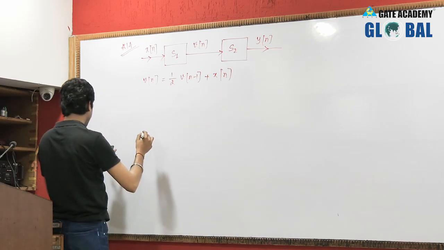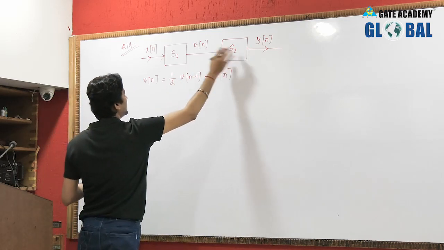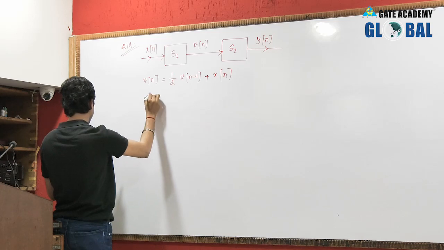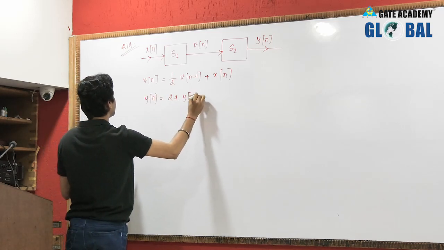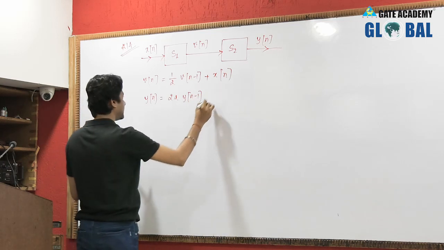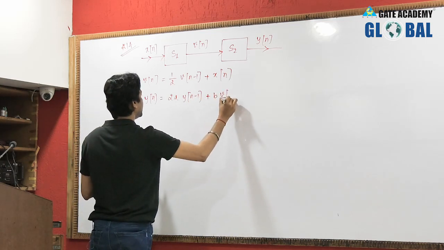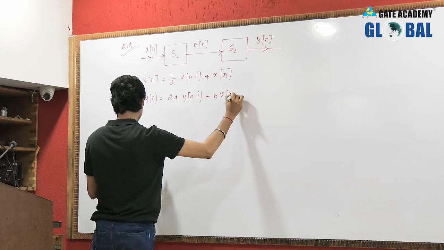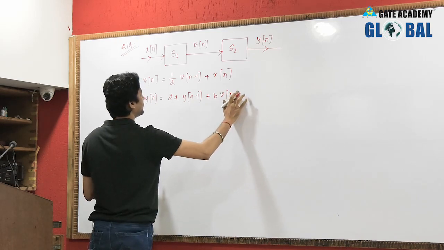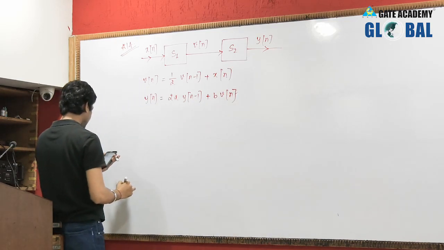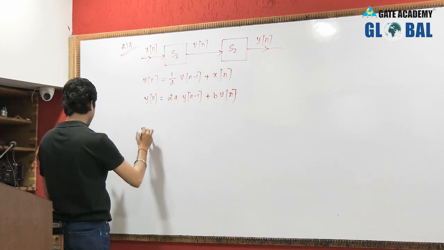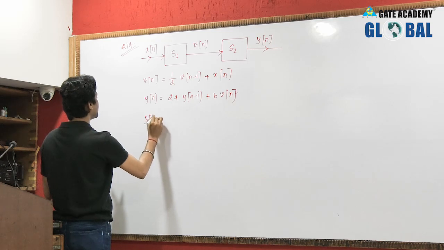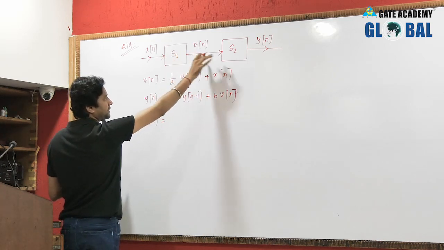The next equation relating y of n to v of n is given as y of n is equal to 2a times y of n minus 1 plus b into v of n minus b into v of n. And the third equation relating the overall input and overall output is the overall difference equation for the equivalent of these 2 systems.